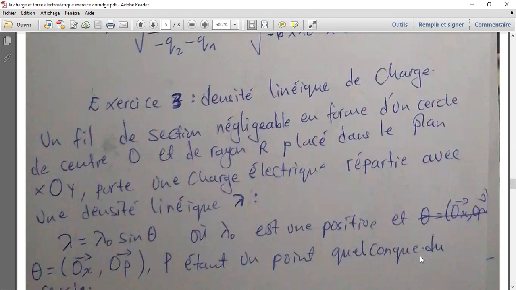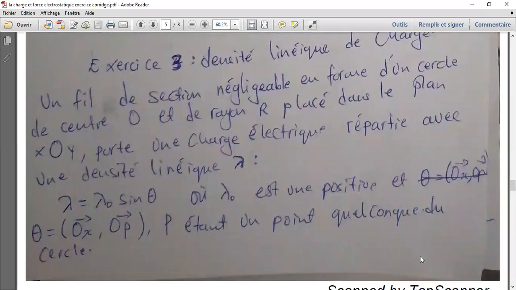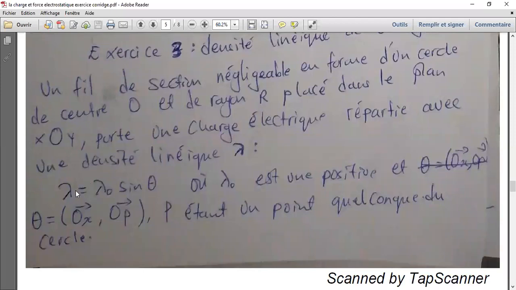The wire, with negligible section, in the shape of a circle of center O and radius R placed in the XOY plane, carries an electric charge distributed with a linear density lambda. So density linear is denoted by lambda. Here they have given us what lambda is equal to: lambda is equal to lambda 0. This is just a capital 0, to differentiate it from the actual lambda.